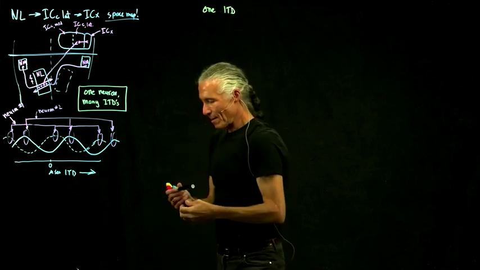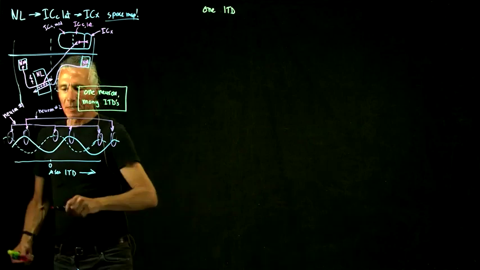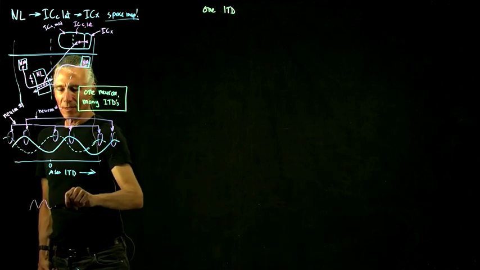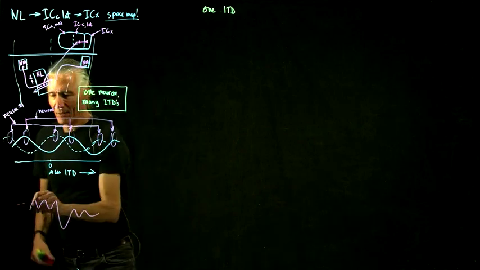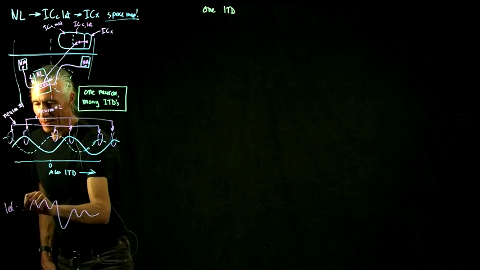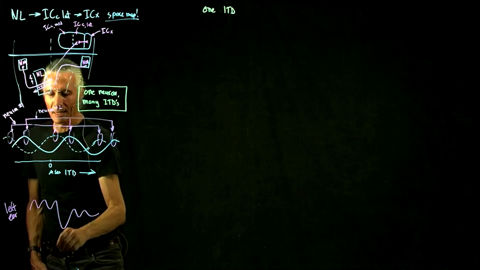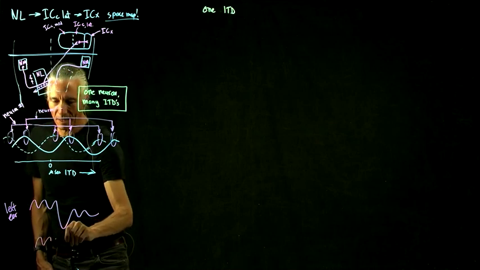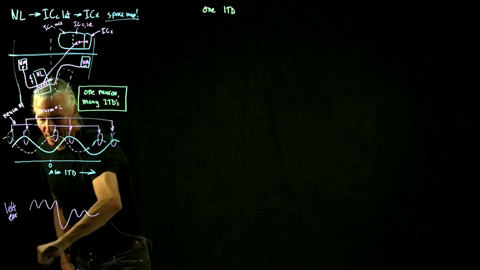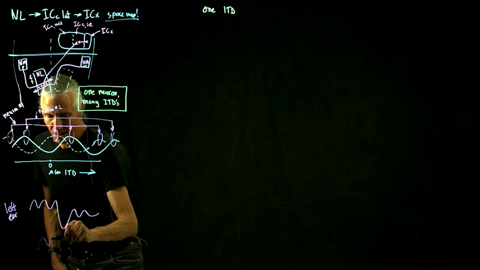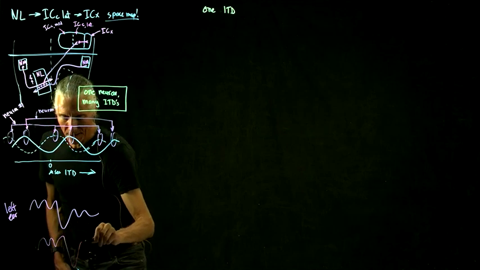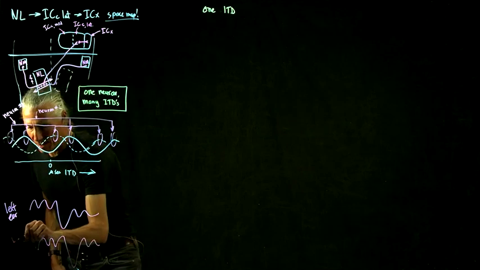What does that mean? In practice, we take a sound, here's a sound like that, and this is the left ear. And if we want to do it very exactly, we'll digitally shift that sound in time and play it into the owl headphones. Here's the right ear.